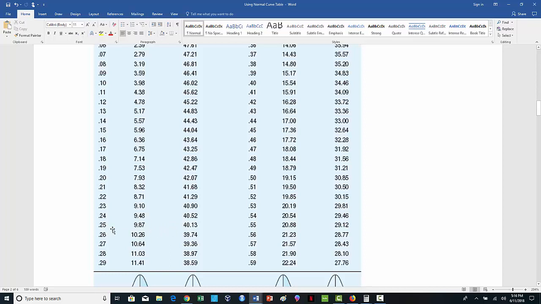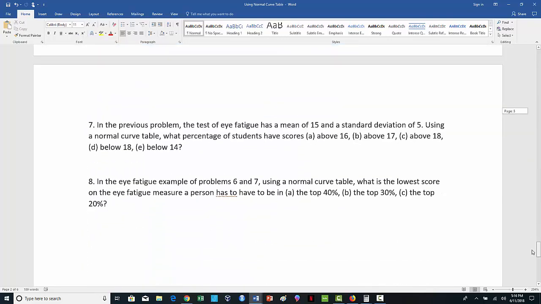Now that's not the full answer, because again, the question's not asking for the z-score. The question's asking for what's the minimum score in terms of a raw score. So we know the z-score is 0.25, but the question is asking what's the lowest score on the measure that the person has to have to be in the top 40%. So we're going to use the z-score equation to convert that 0.25 z-score into a raw score.